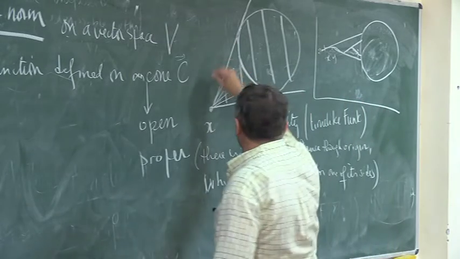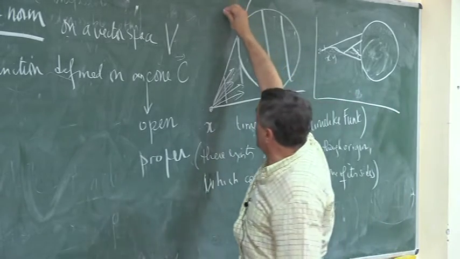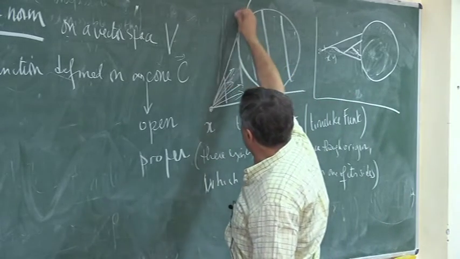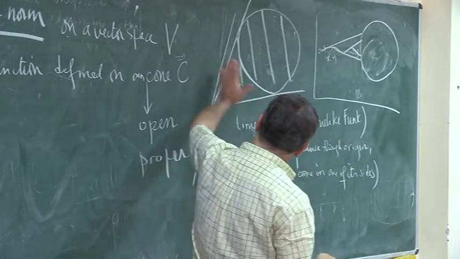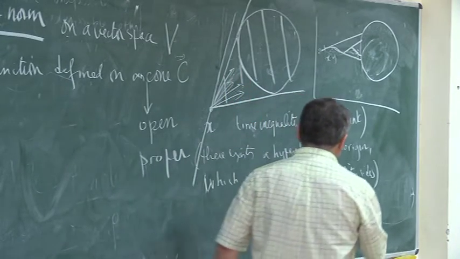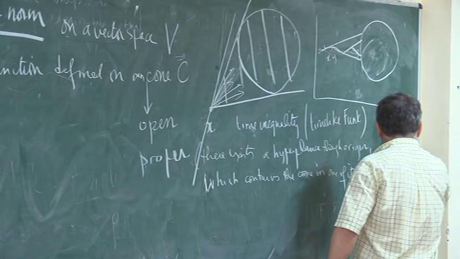That is, you see, this is a proper cone because I have a hyperplane here. I have a line where the cone is contained in one side. This is not a proper cone. This is the origin.